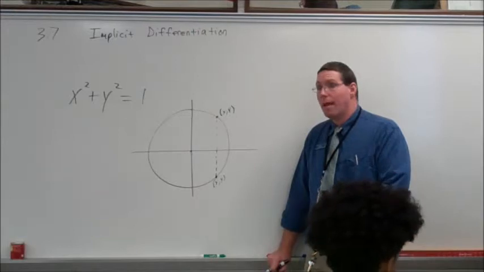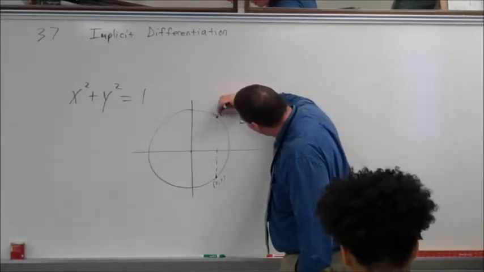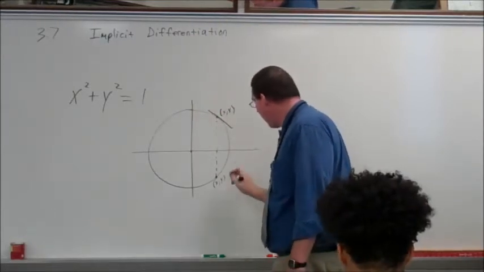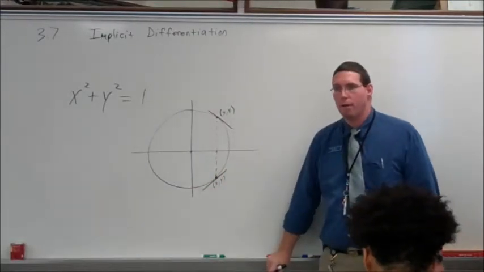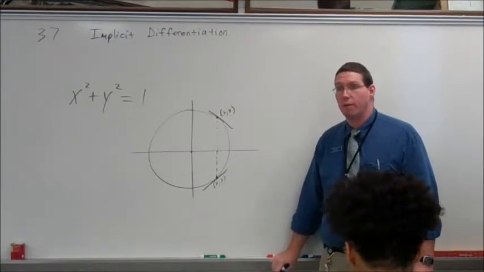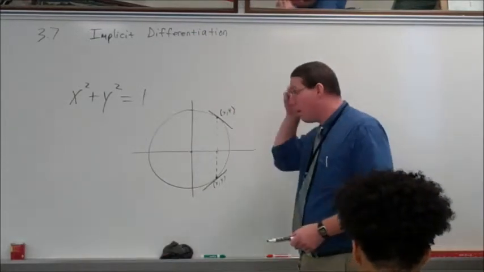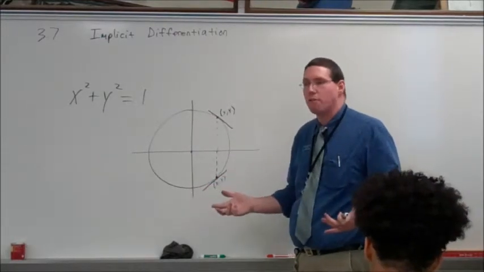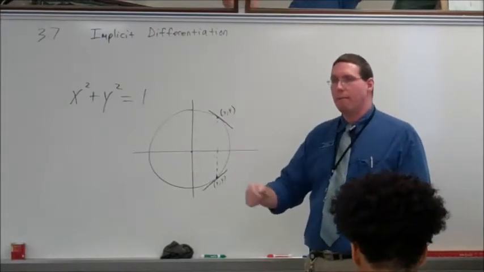Now, if I want the slope of the graph at that point, I need the slope of the tangent line, but there are 2 points and 2 tangent lines. And those 2 slopes, are they the same or are they different? Different. So, if I wanted to know the slope of this relation where x equals 0.5 or something, what would I also need to be able to find that answer?